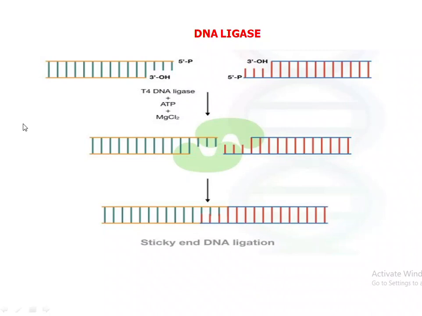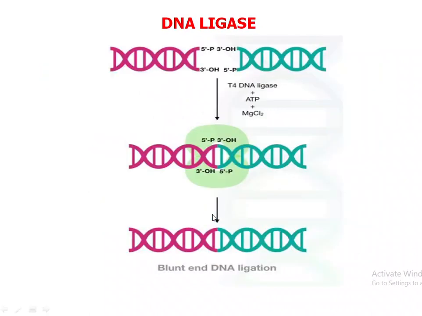As you can see in this figure, using ATP as a source of energy, ligase catalyzes a reaction in which the phosphate group sticking out of the 5' end of one strand is linked to the hydroxyl group sticking out of the 3' end of the other. This reaction produces an intact sugar phosphate backbone. In this figure, two blunt ends are joined using DNA ligase.